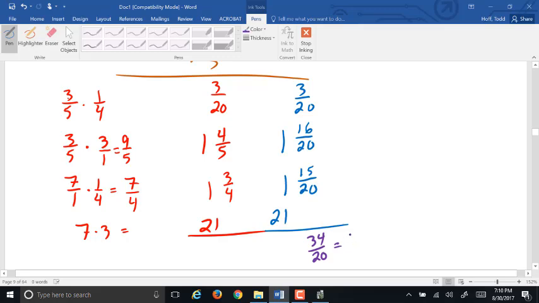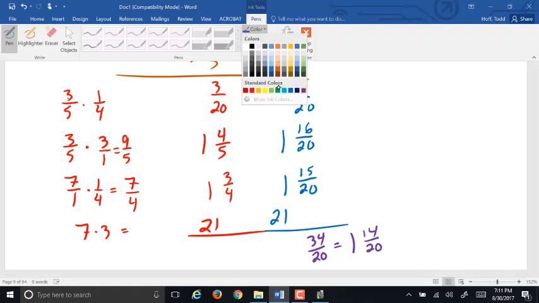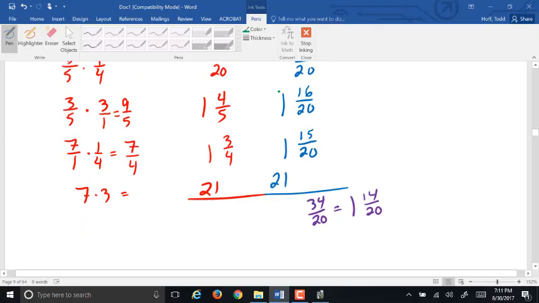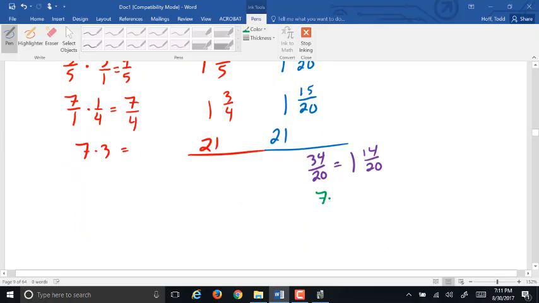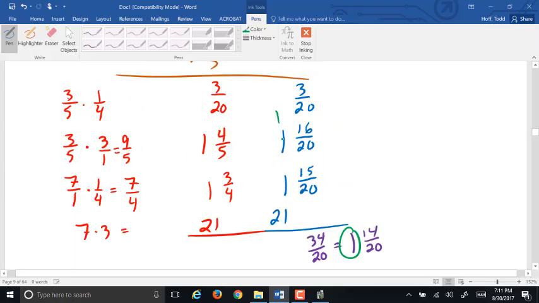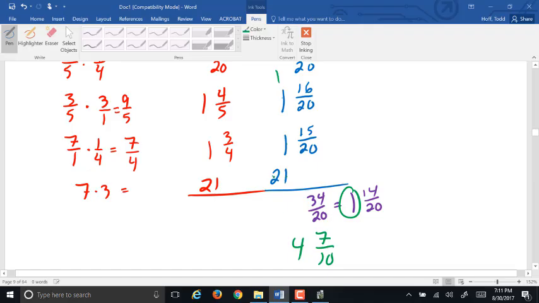That's improper. That would be 1 and 14/20. The 14/20 can be reduced to 7/10. So we keep the 7/10 and we're going to carry the 1. 1 plus 1 is 2, plus 1 is 3, plus another 1 is 4, and we got the 2. We got the same answer.